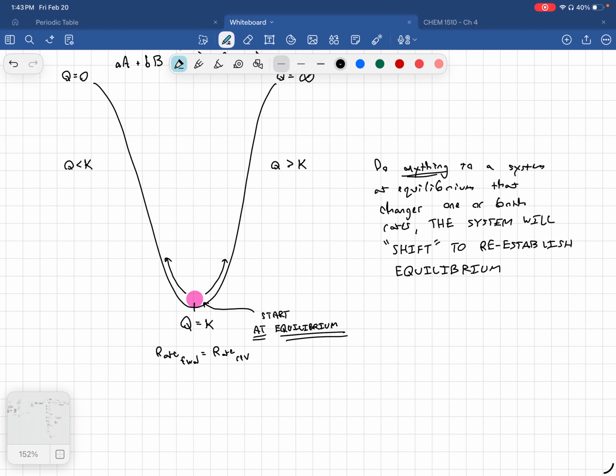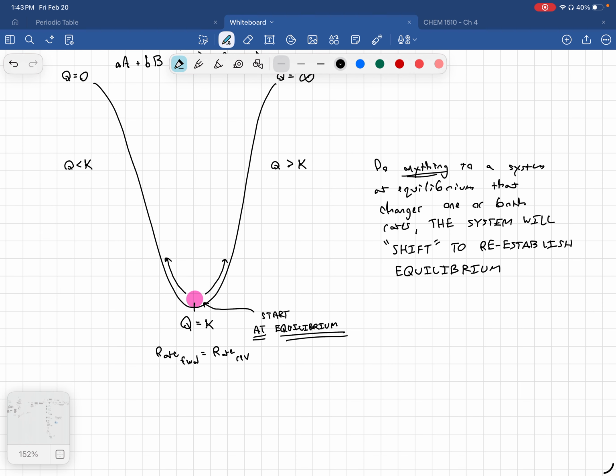Okay, so if we do anything to a system that's at equilibrium that changes one or both rates, right? So if we do something that makes the forward rate faster or slower without affecting the reverse rate, or we do something that makes the reverse rate faster or slower without affecting the forward rate, or if we do something to the system that changes both rates but changes them differently.